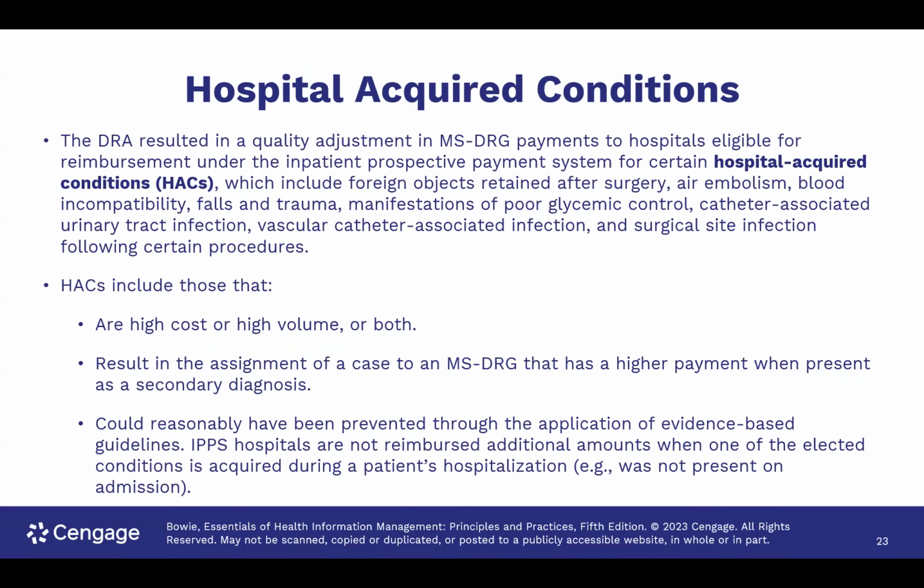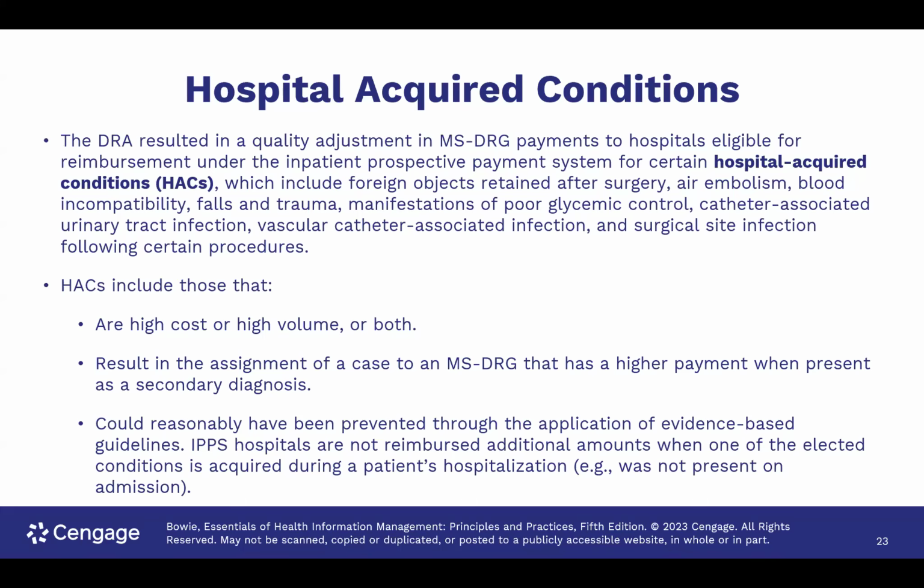We talked a little bit about this in the previous slide, and this is hospital acquired conditions. And these could be things not only pressure ulcers, but foreign objects retained after surgery, air embolism, blood transfusion mismatches, falls, trauma, catheter associated urinary tract infections, all these other different types of things.